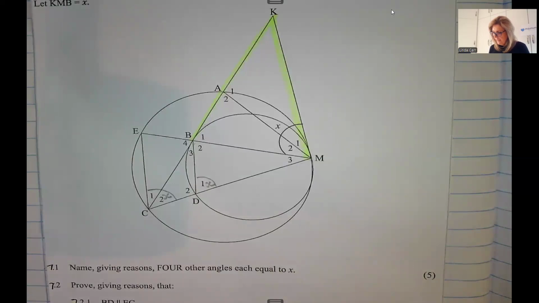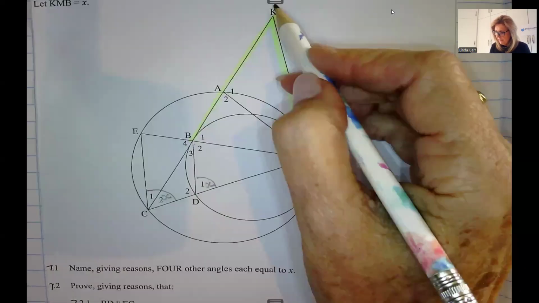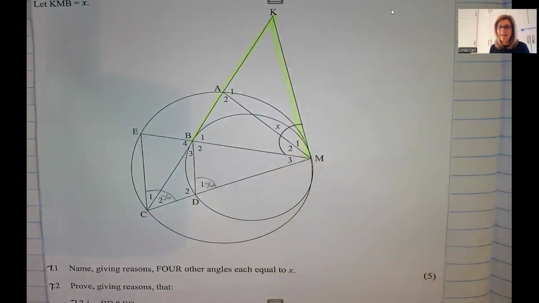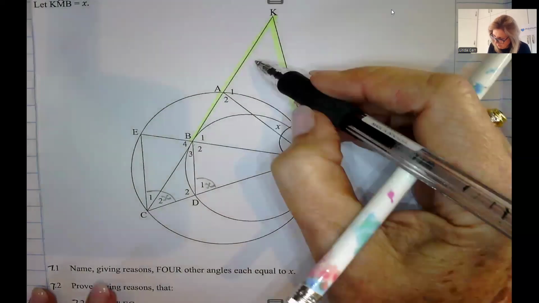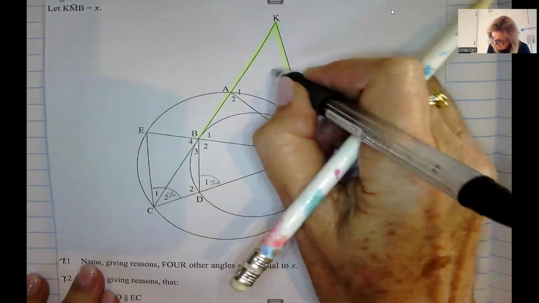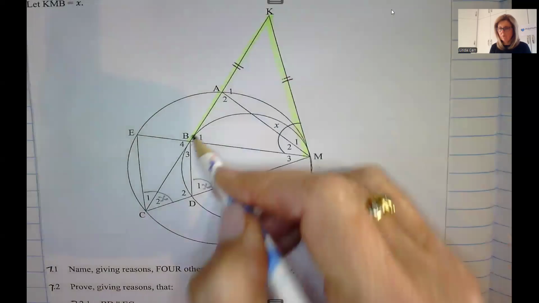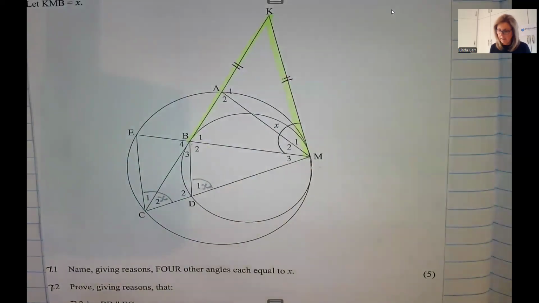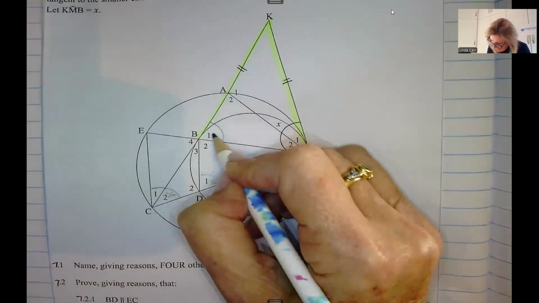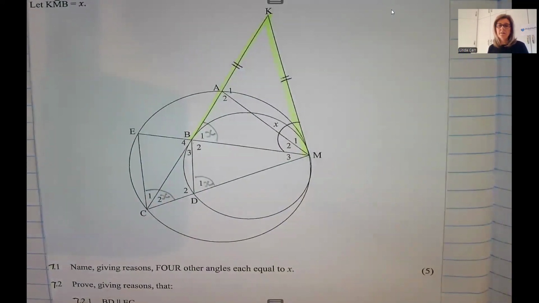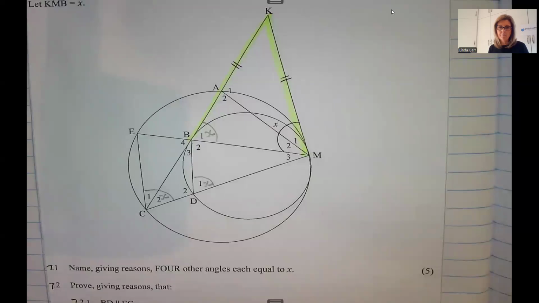All right, then because KM and KB are tangents from a common point, we can say that KM is equal to KB, and therefore angle B1 is equal to X, angles opposite equal sides.